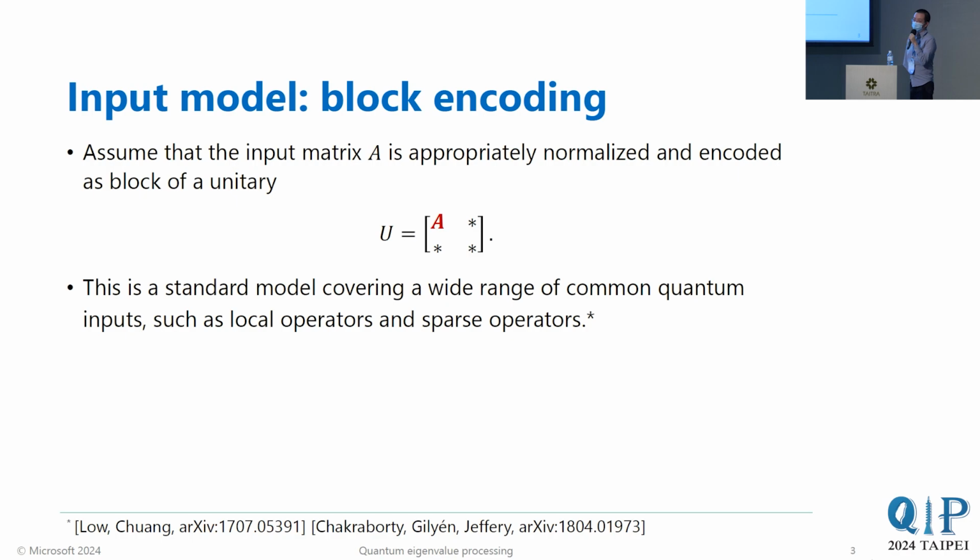The idea is that if you have a matrix or operator, after it's properly normalized, you can put that in a corner of a unitary, and you can access that by manipulating this unitary. This is a standard model that covers many other common input models, such as sparse operators or local operators. This is also the input model that we'll be using in this talk.